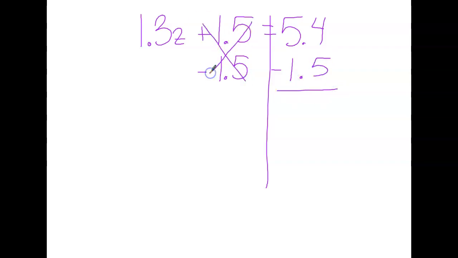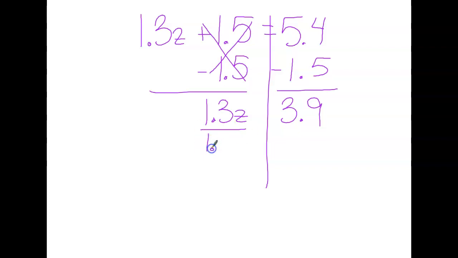This makes a 0 pair, so I'm left with 1 3/10 z is equal to, I'm going to use my calculator for this, 5 4/10 minus 1 5/10. I get 3 9/10. Since 1 3/10 and z are multiplied, I do the opposite operation, which is division.